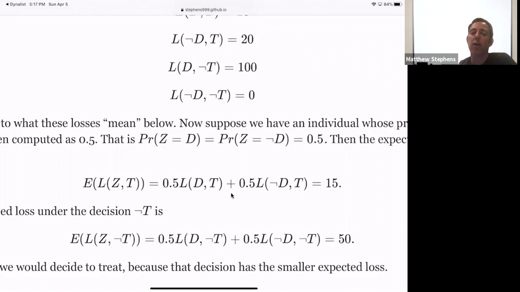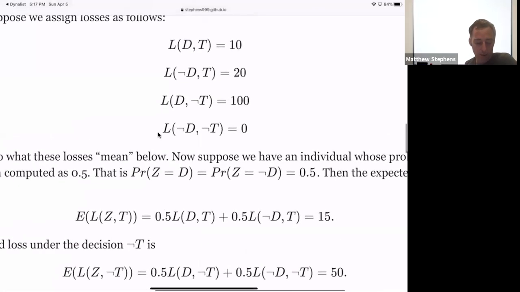Having assigned these losses, I can compute the expected loss if I treat. Z here is still unknown, but it's either diseased with probability 0.5 or not diseased with probability 0.5. When I plug in the numbers, I get 15 as my loss. Whereas if I do not treat, I plug in the numbers and I get 50 as my loss. Since that's worse, I decide to treat.